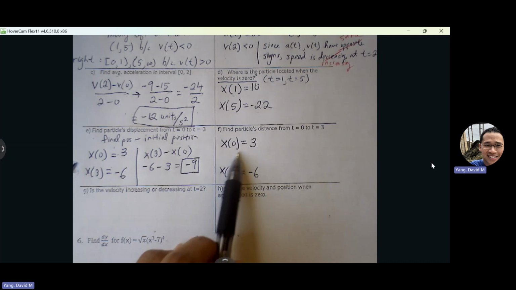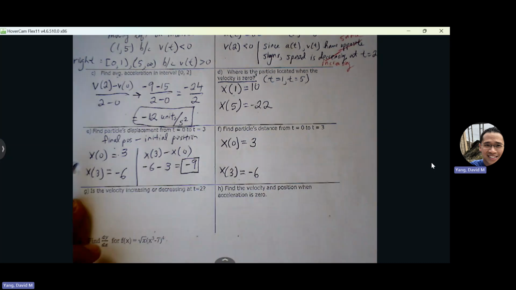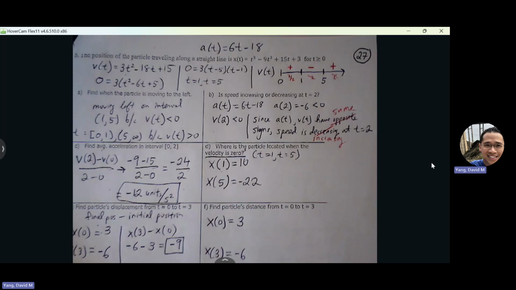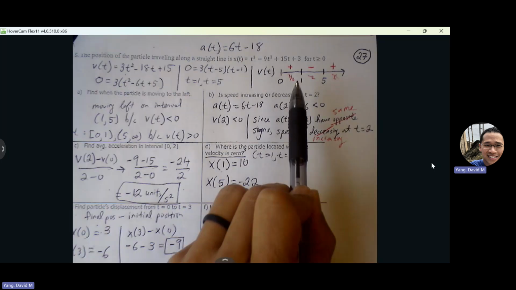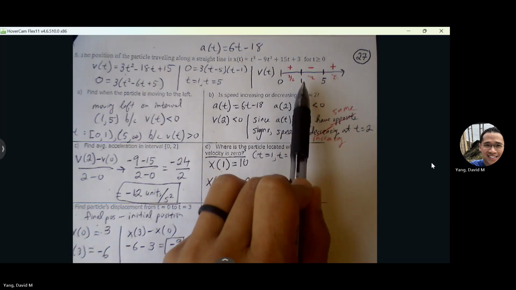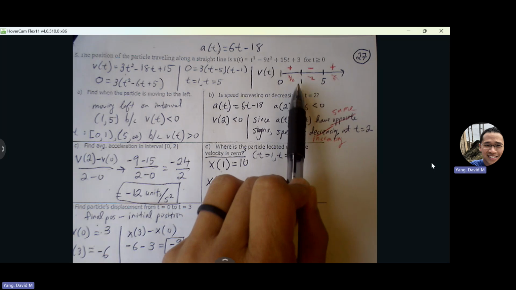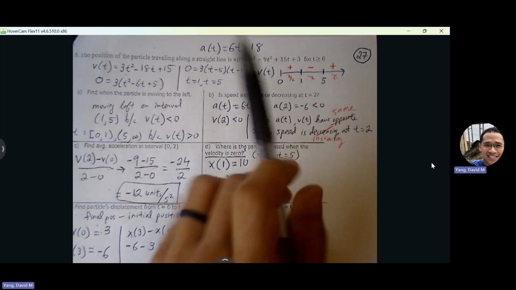We only care about change in direction between 0 and 3. There is a change in direction. If there's no change, this is all the data we need.